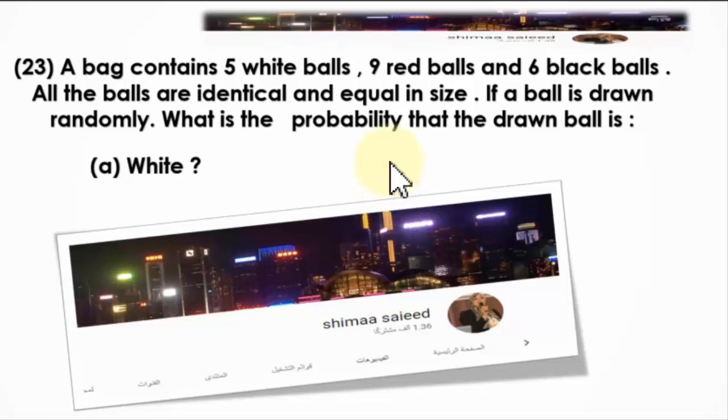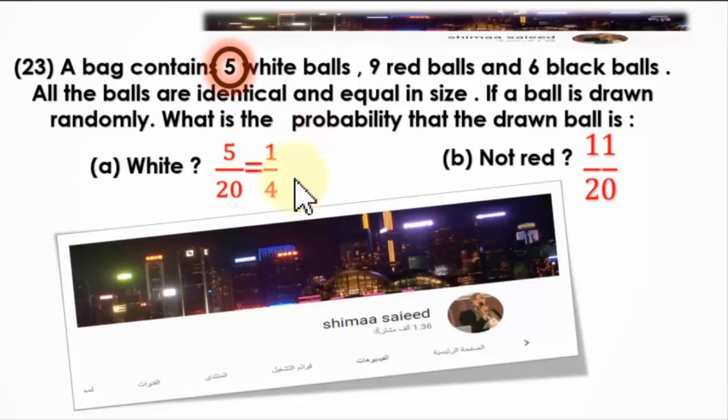Okay, how many white balls here? 5 white balls. What is the number of all balls? 5 plus 9 equals 14. 14 plus 6 equals 20. So the probability that the drawn ball is white equals 5 over 20. 5 over 20 equals a quarter in the simplest form.